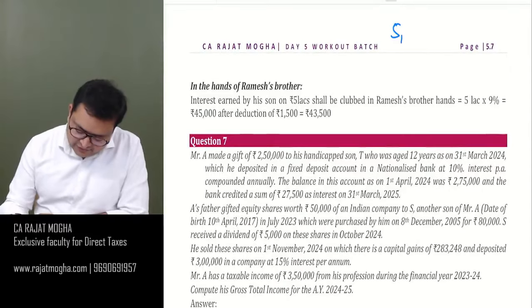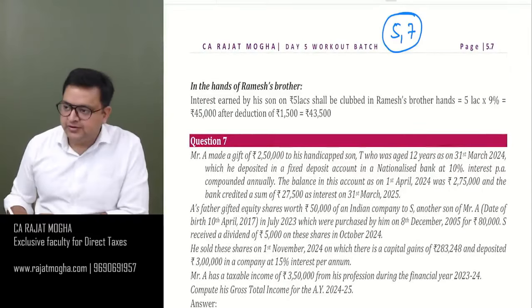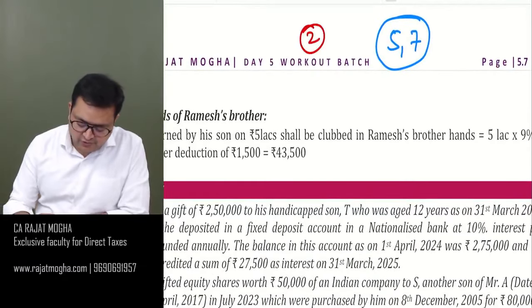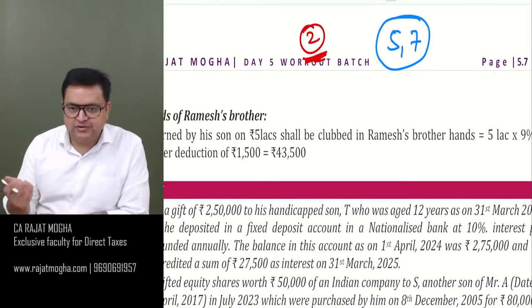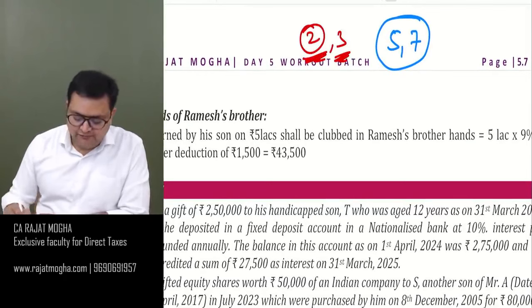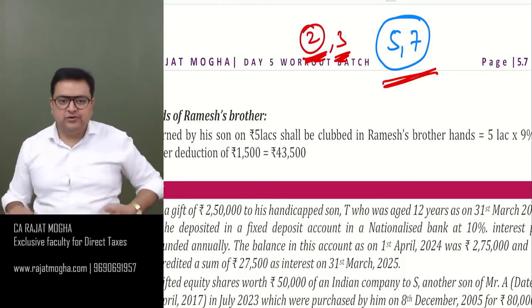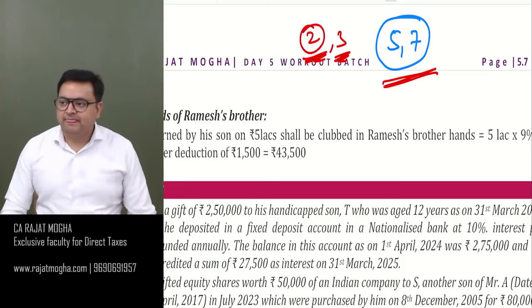Question number 5 and question number 7 is your homework. And if you can also repeat question number 2 or 3, although we have done it, it would be good enough. But at least 5 or 7 is your homework. If you get time, you can do question number 2 and 3 also.